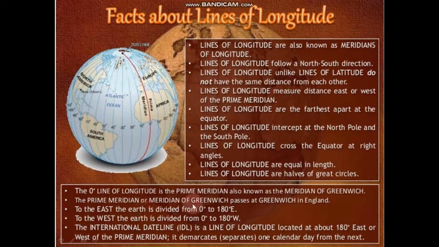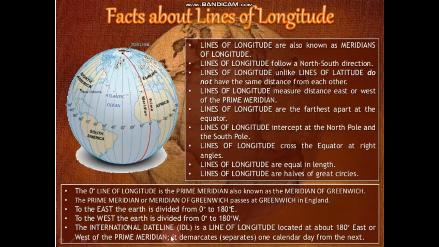The prime meridian passes through Greenwich in England. To the east, the earth is divided from 0° to 180° east, and to the west, from 0° to 180° west.